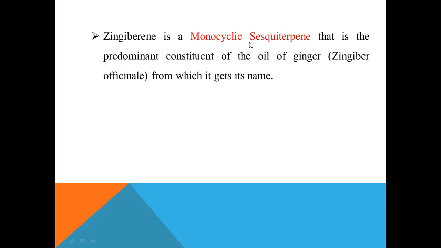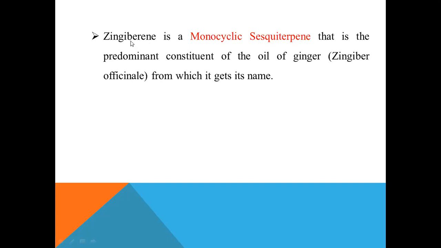Based on the number of isoprene units, they are named differently. So what is an isoprene unit? An isoprene unit means a C5H8 unit. Based on the number of C5H8 units, the terpenes are divided into different categories.